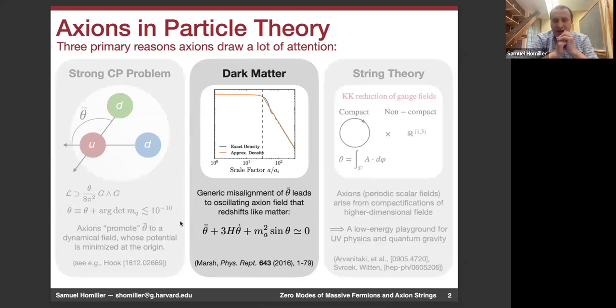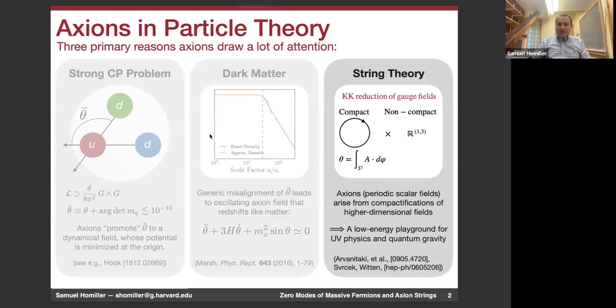It'll oscillate, and despite the fact that these axions are generally extremely light, this oscillating field behavior leads them to redshift like matter, and so they can potentially be either a component or all of the dark matter that we see. And so this idea of perhaps solving the strong CP problem and the dark matter problem in one go is one of the reasons why I think axions are so popular to think about.